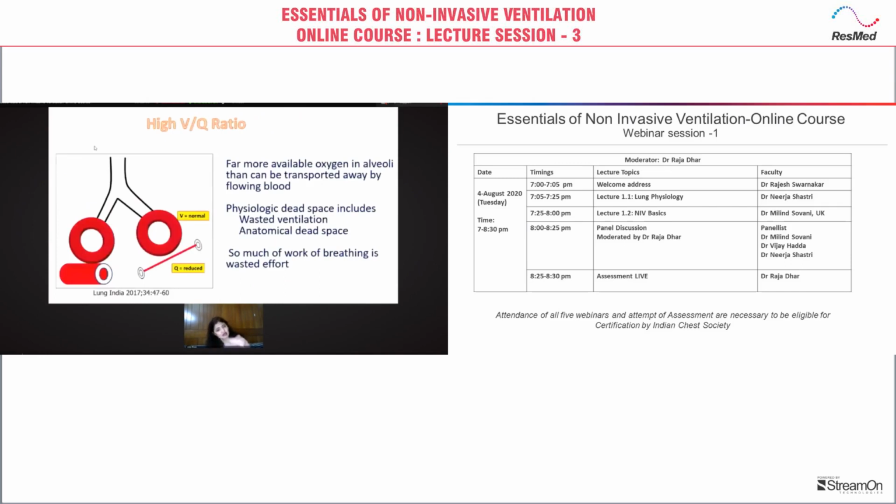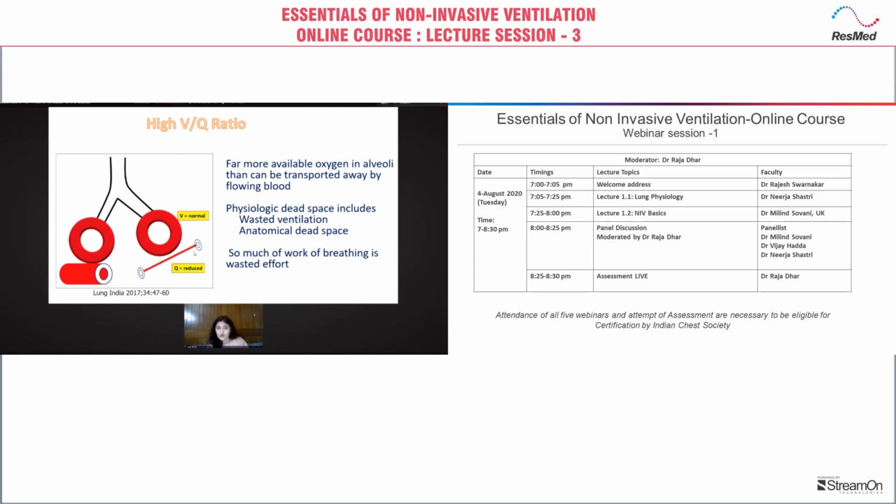Then imagine the opposite, where you have a high VQ ratio. That means your ventilation is way more than your perfusion, so your perfusion is less. Now what will happen? Whatever air is present in the alveoli is there, but it cannot be taken further because there's no blood to carry it. This ventilation becomes a wasted ventilation, or it goes into the anatomical dead space.